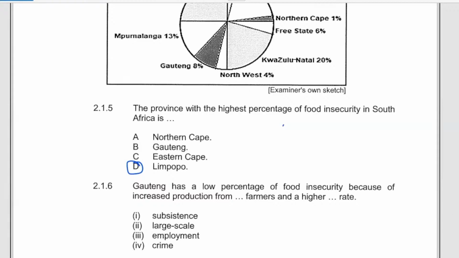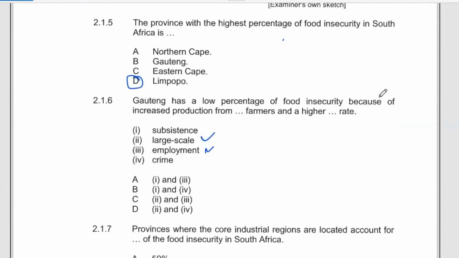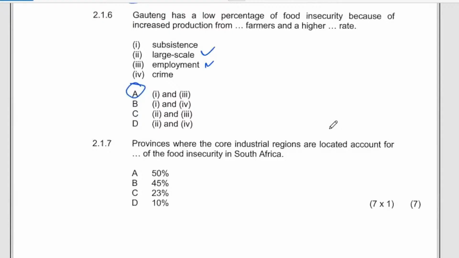Gauteng has a low percentage of food insecurity because of increased production from large scale farmers and a higher employment rate. Item 2 and item 3 are in option A.